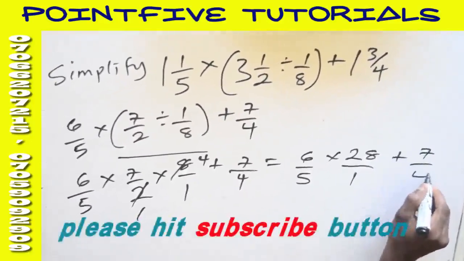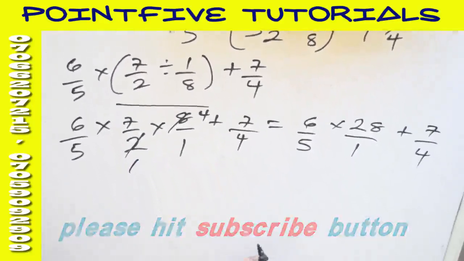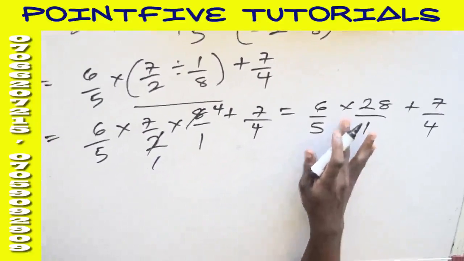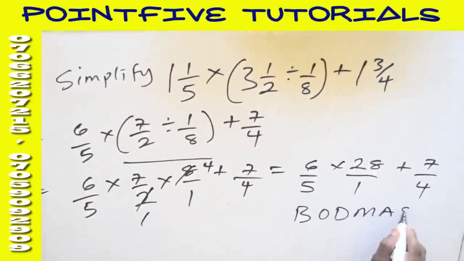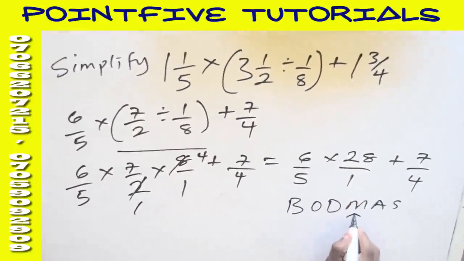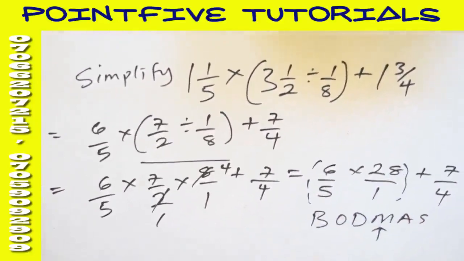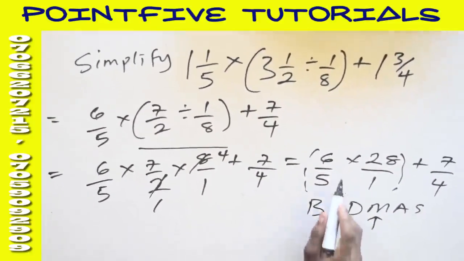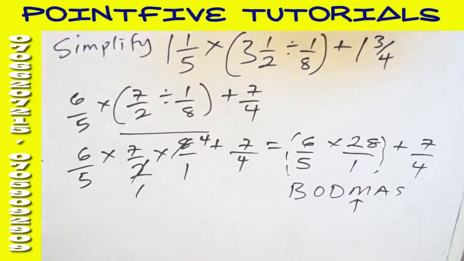7 over 4. So you discover there, we also have to use BODMAS because we have times. When you check between multiplication and addition, multiplication comes first. So consider this line first. We say this times this because in multiplication we don't make use of LCM.